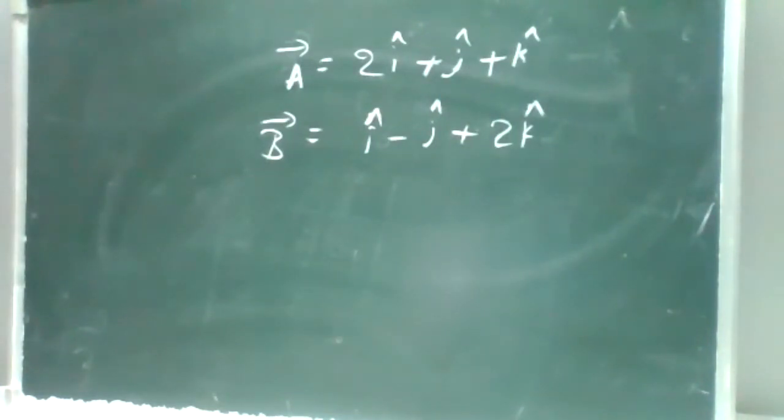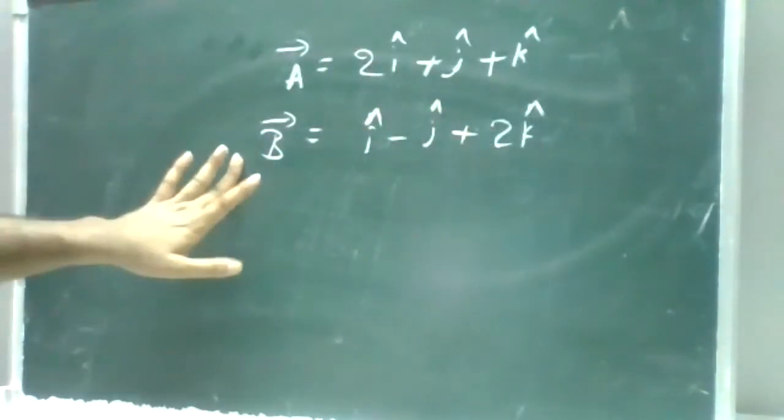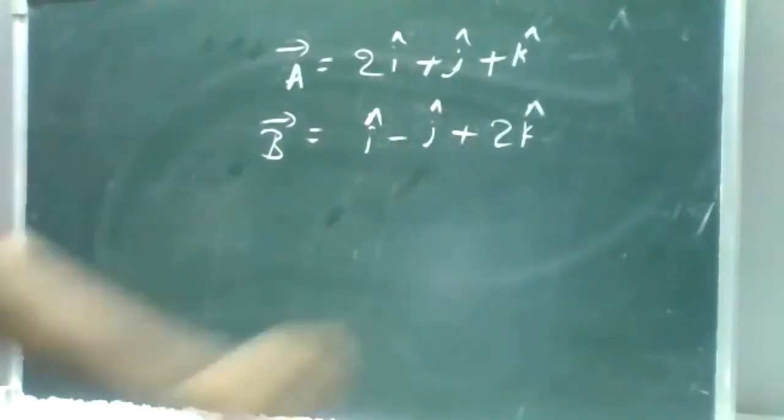I'll repeat again: determine a unit vector perpendicular to both A vector equal to 2i cap plus j cap plus k cap and B vector equal to i cap minus j cap plus 2k cap.